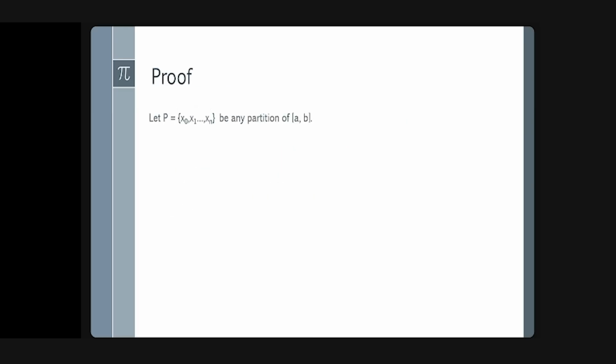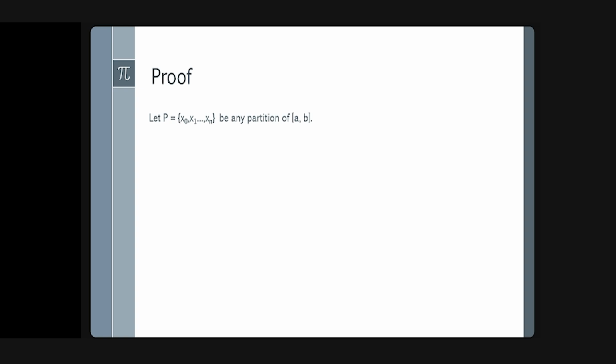So let's see the proof. If you recall my statement, it was that if f is differentiable and f dash is integrable, then the integral of f dash from a to b is equal to f(b) minus f(a). So let's first approximate the integral of f dash.